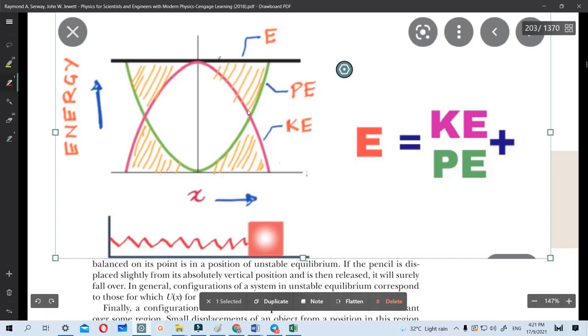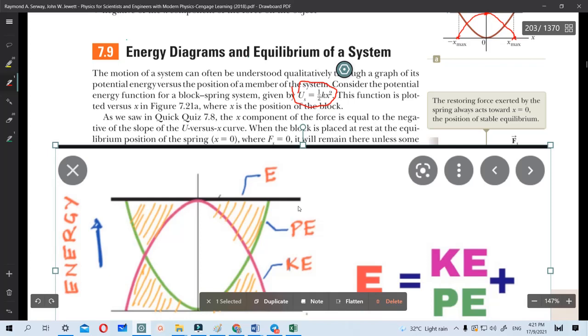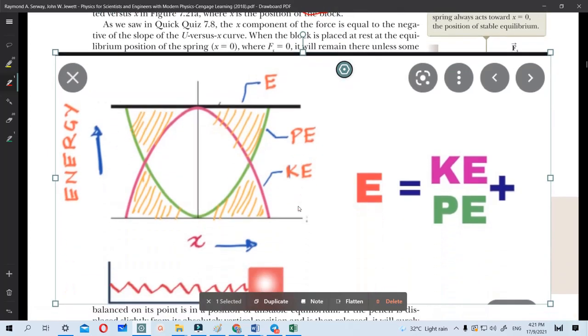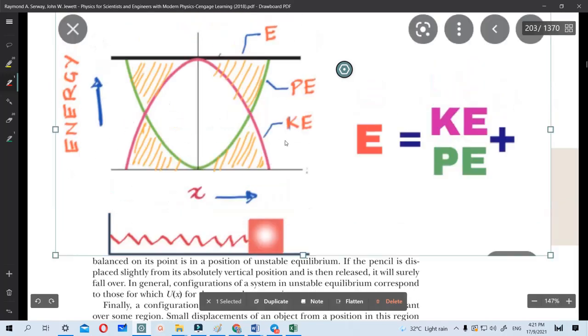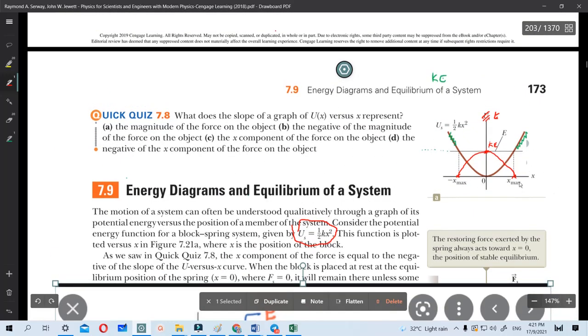So this is how the energy diagram of a spring looks as it moves back and forth between negative x max and x max. In different textbooks they tend to write it as negative A and A. This is A, to indicate the concept of amplitude, where amplitude is actually the same concept as maximum displacement.